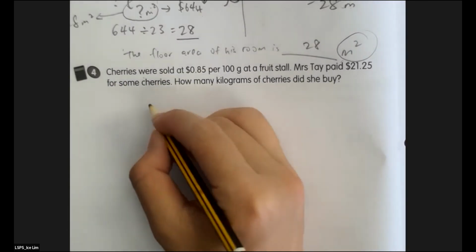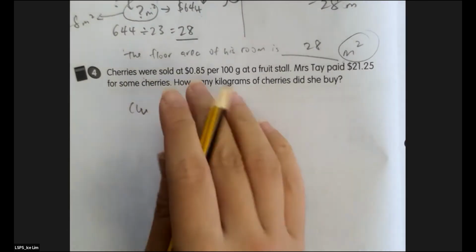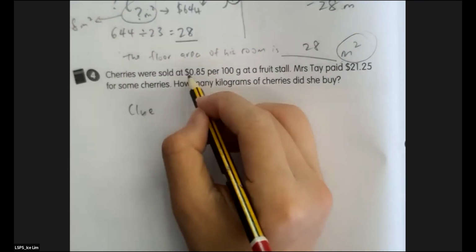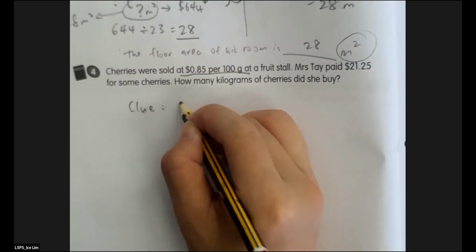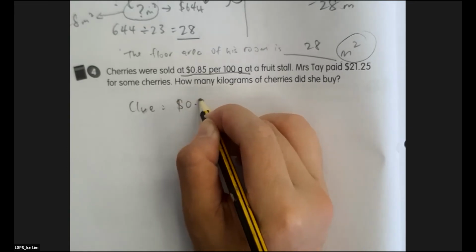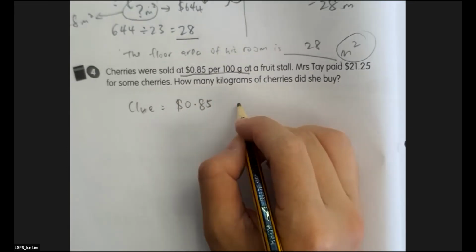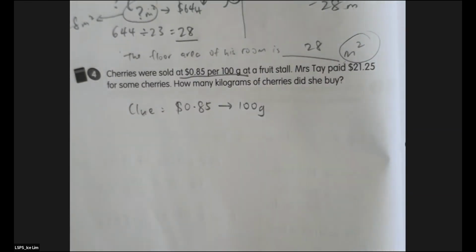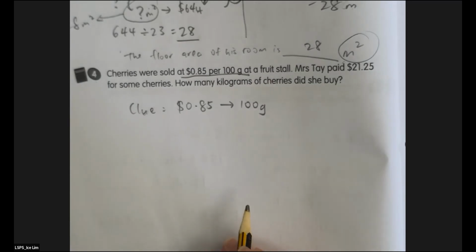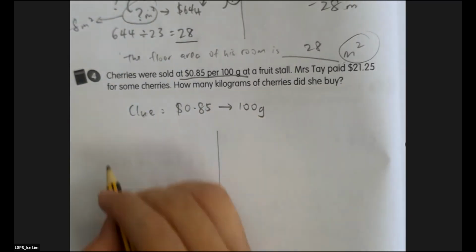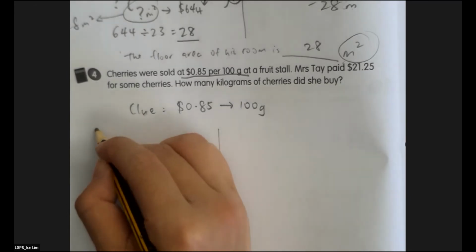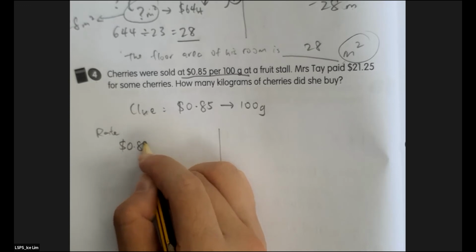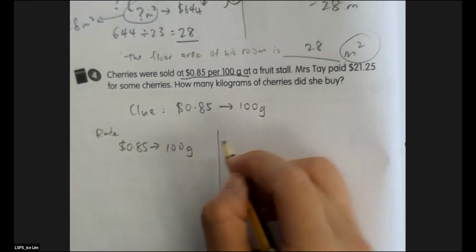Cherries. So I got the clue. Now after a few questions, it becomes more straightforward. You've got the clue. Cherries given this: $0.85, that's 85 cents for 100 grams of cherries. In other words, I can go with either the rate of dollars or the rate of grams.